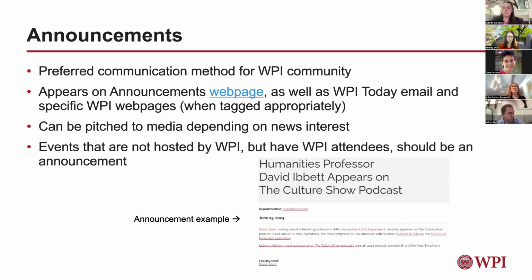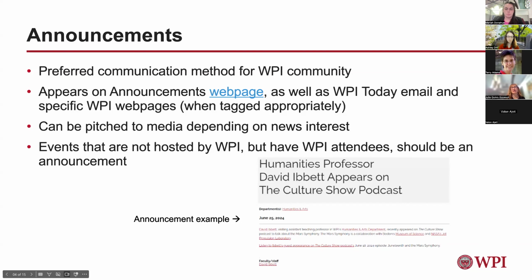The difference, this part is a little bit confusing. If there's an event that is not hosted by WPI, but there are WPI attendees, that should be listed as an announcement, not an event. An example would be a podcast. Yes, this appeared on a certain date and a time, but it's not hosted by WPI.